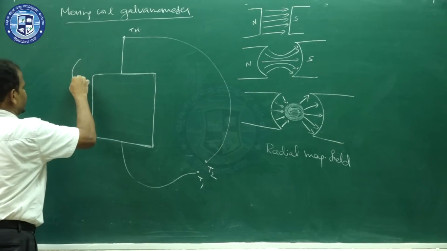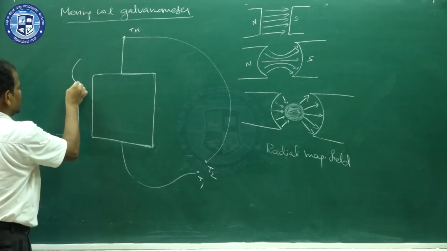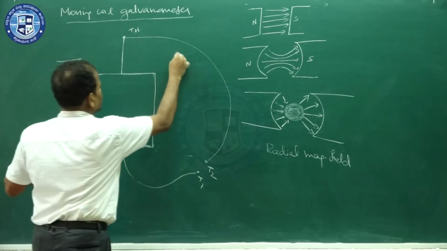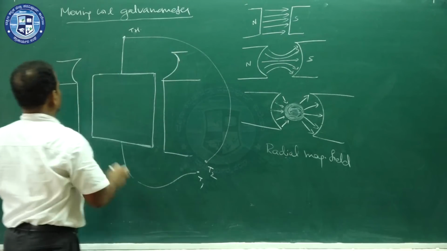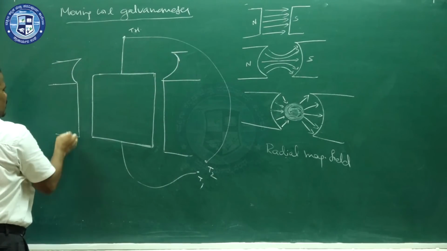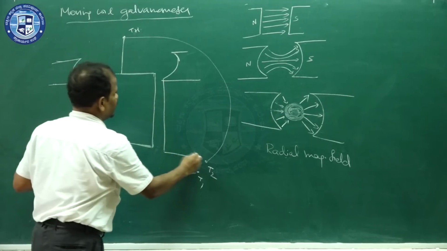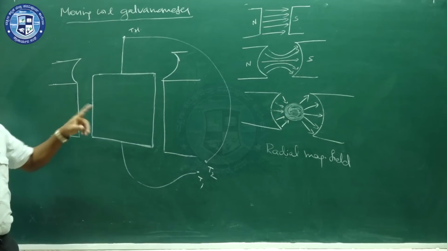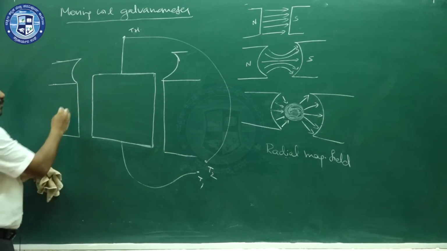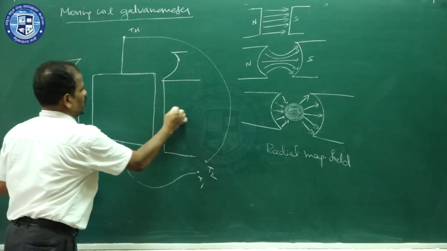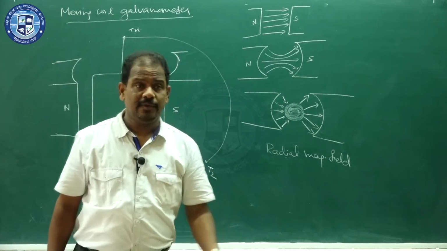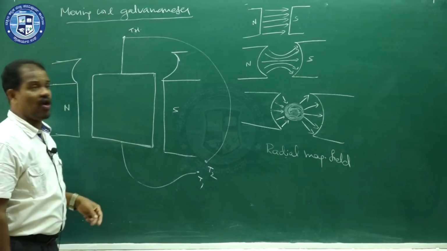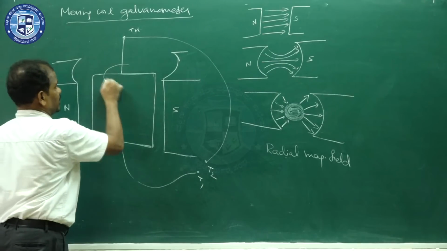Is it right? The two pole pieces are concave in shape. This is the North Pole, this is the South Pole. Both are concave in shape. And in between, we have a soft iron piece.